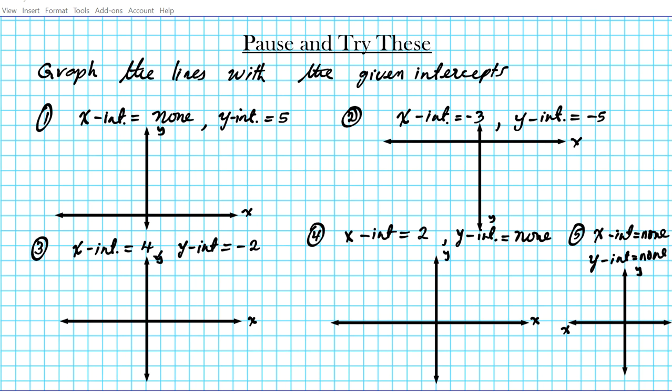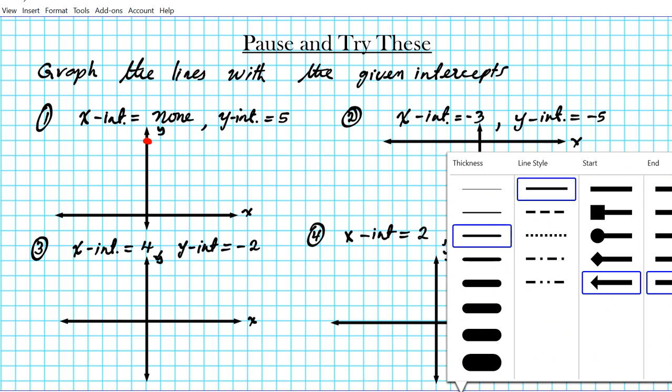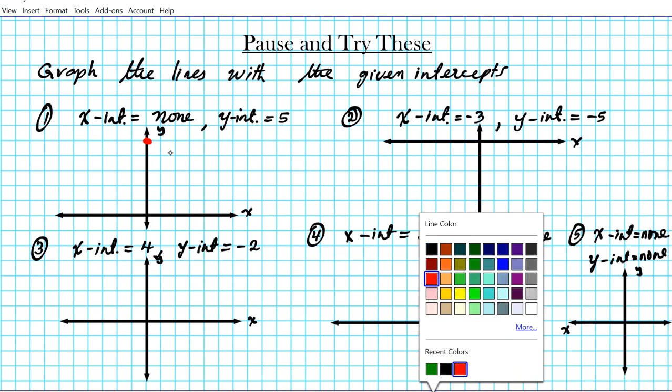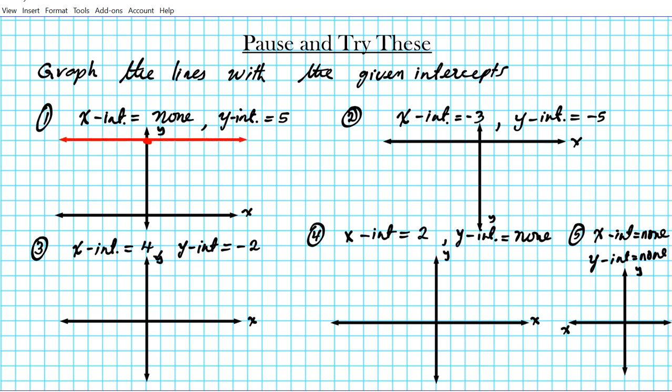Alrighty, welcome back. So hopefully you had a chance to try out the problems. Let's take a look at what the graphs look like. So for the first one, the y-intercept is 1, 2, 3, 4, 5. The x-intercept is none. So in this particular case, we're going to be having a horizontal line right here. Bam.